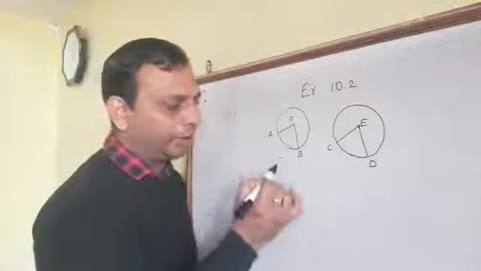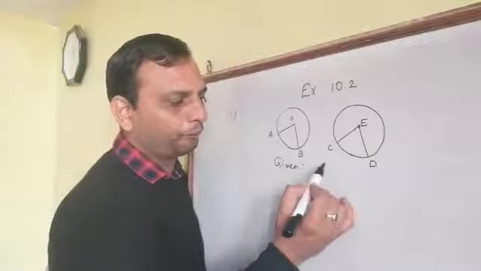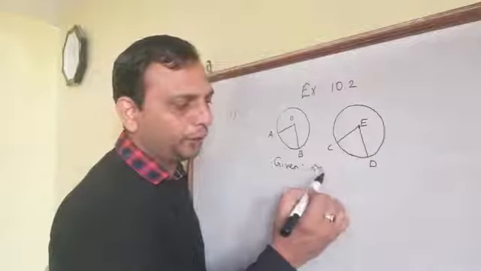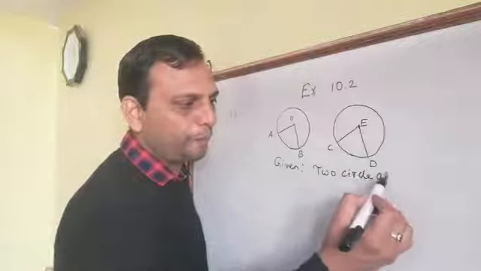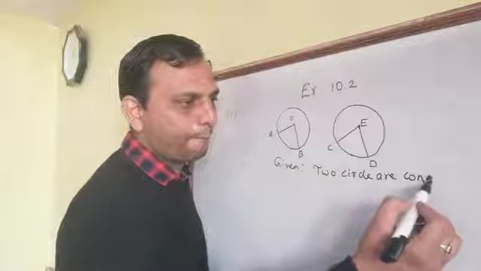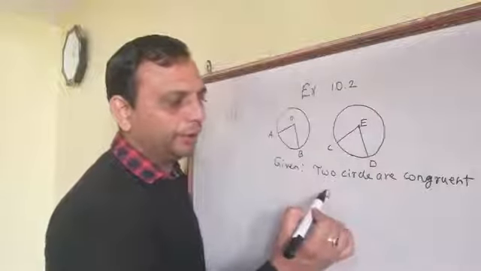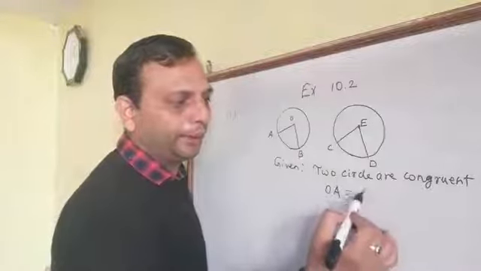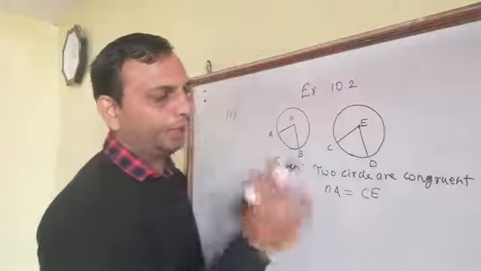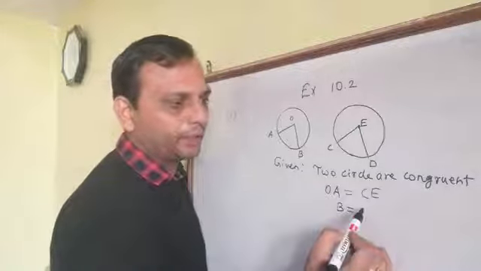So you can write: two circles are concurrent. If two circles are concurrent, that means radii OA will be equal to radii CE, and radii OB will be equal to radii DE.